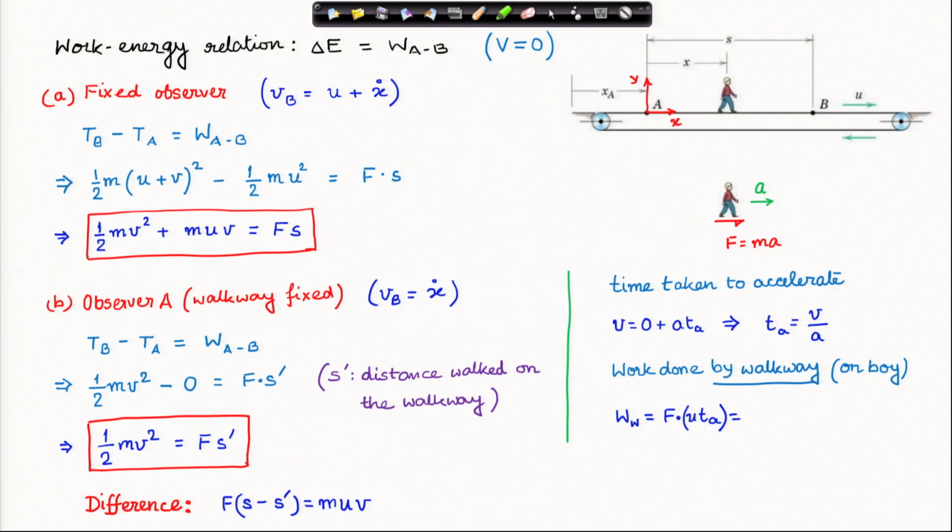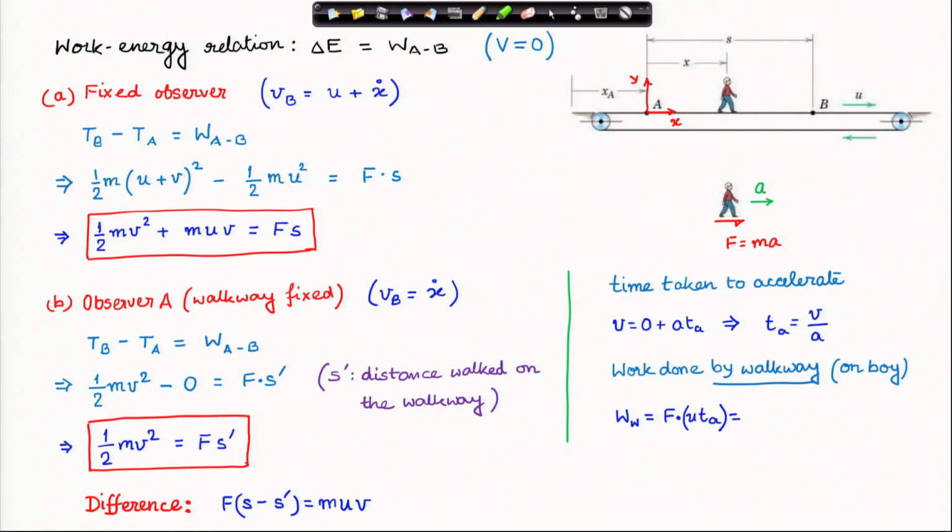Now, this same force is acting on the walkway also. Therefore, the work done by the walkway motor is this force times the displacement of the walkway during the time of acceleration, and the displacement of the walkway is u, the velocity of the walkway, times the accelerating time of the boy.